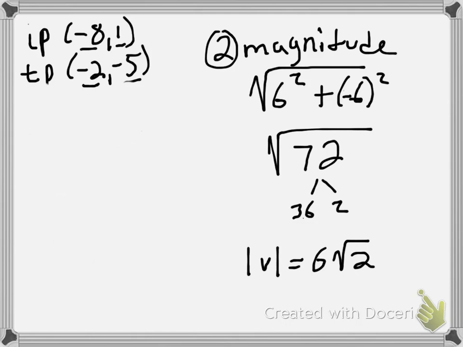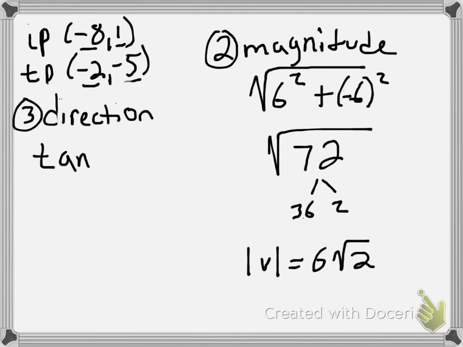Okay, so now we want to find our direction. Again, it's going to be the tangent of theta, and it's going to be our y value of our position vector, which I've already erased, which was negative 6 over 6.